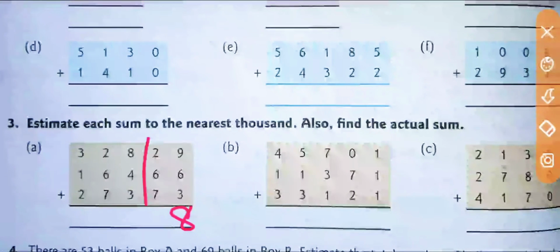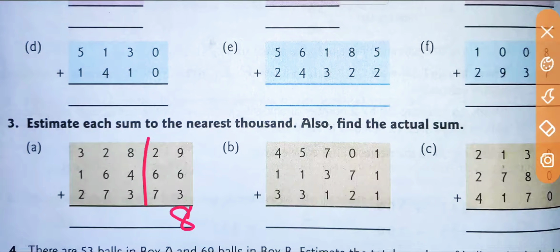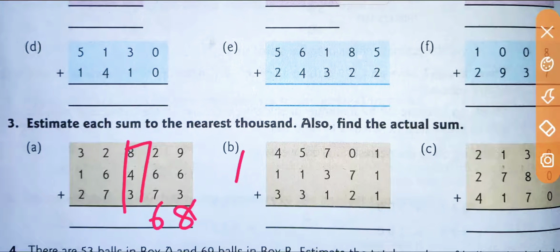Now the next column is this one. 2 plus 6 is 8, 8 plus 7 is 15, 15 plus carry 1 is 16, so we will write here 6 and carry 1. Now for this column, 8 plus 4 is 12, 12 plus 3 is 15, so 15 plus this carry 1 will be 16, so we have to write here 6 and again carry 1.